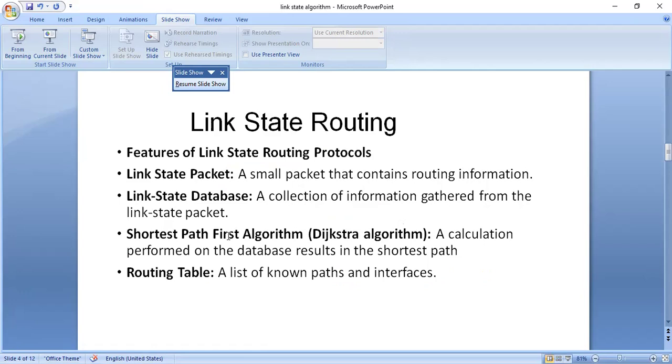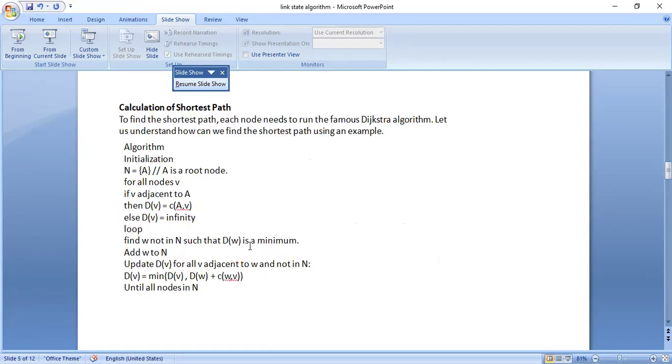Third feature, the shortest path algorithm: a calculation performed on the database results in the shortest path. And finally, you have to construct a routing table, a list of known paths and interfaces. If you want to calculate the shortest path, we have to use Dijkstra's algorithm.